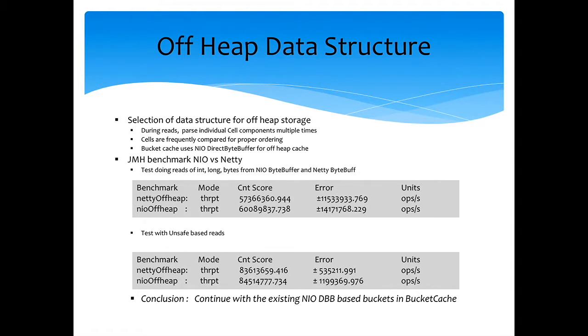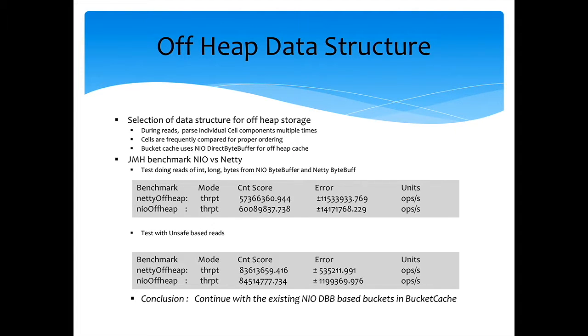In this aspect, we have done some benchmarking tests with Java NIO ByteBuffer against Netty ByteBuf, because there is always this thing that Java NIO ByteBuffer has a lot of overhead. That's what people used to complain about a lot.